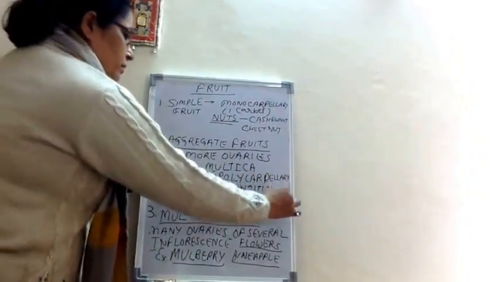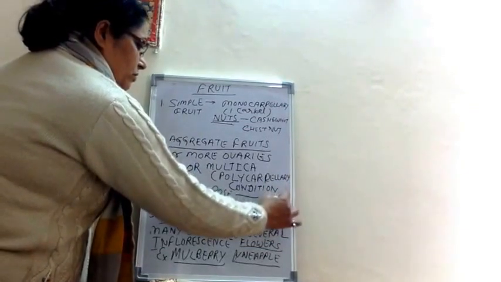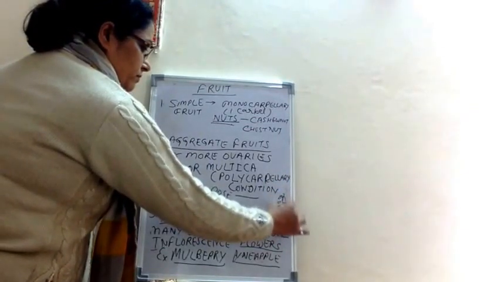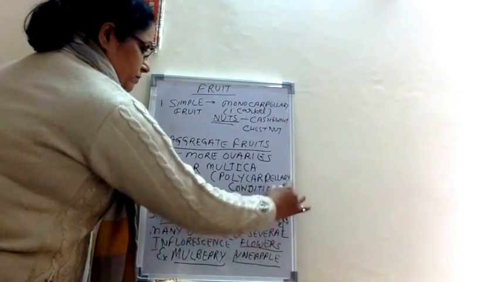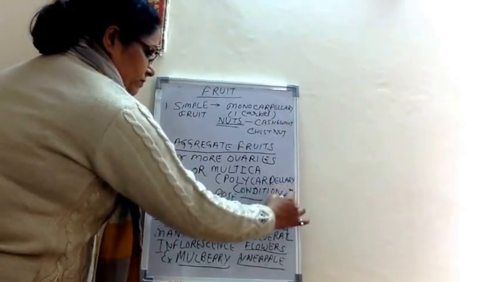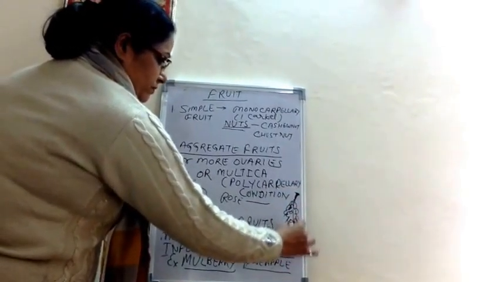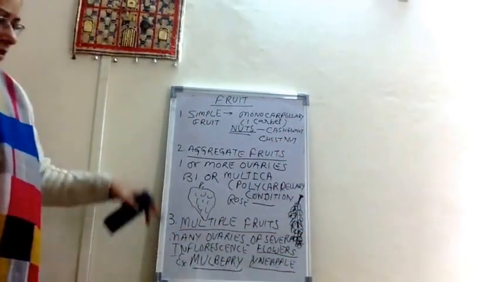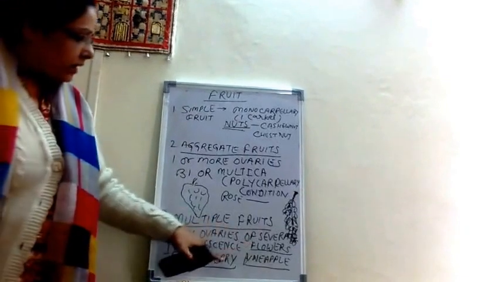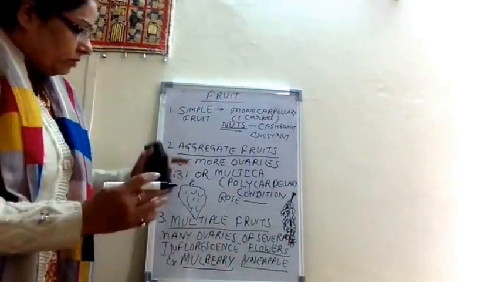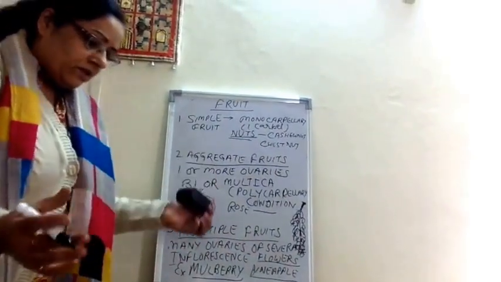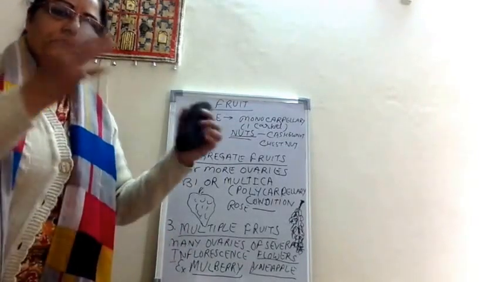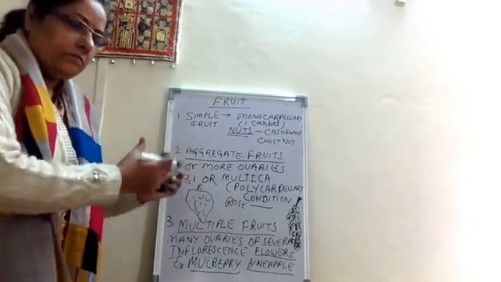As in mulberry, you know, there is a whole inflorescence like this. And pineapple also, the whole inflorescence, meaning many ovaries of several flowers are involved in making fruit.